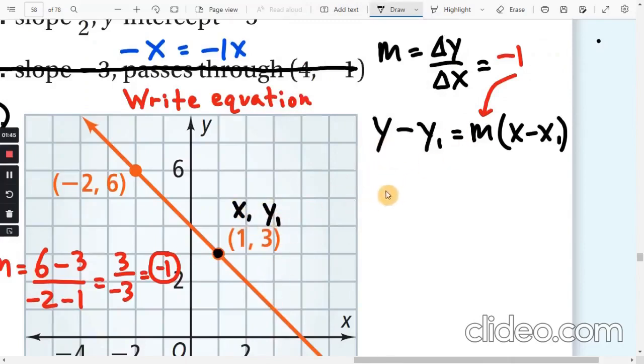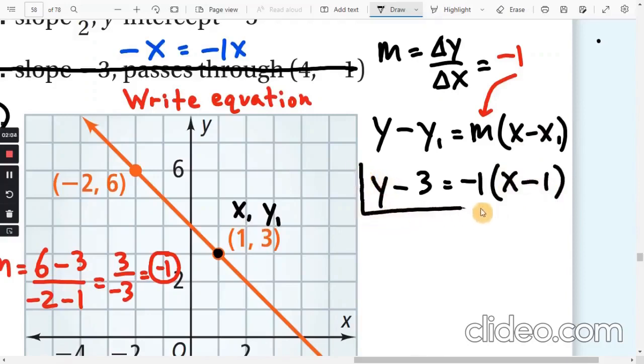So for y minus y1, we're going to do y minus, and y1 is 3. M is the slope, that's negative 1. And then x minus x1 is going to be x minus positive 1. And that's it.